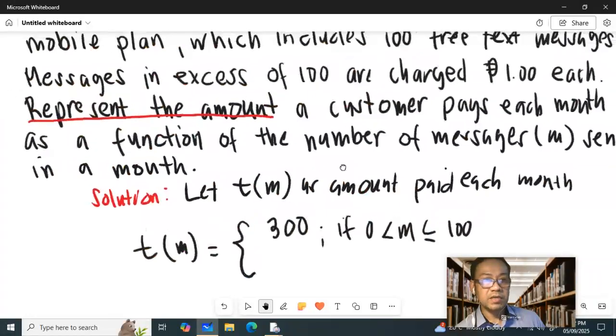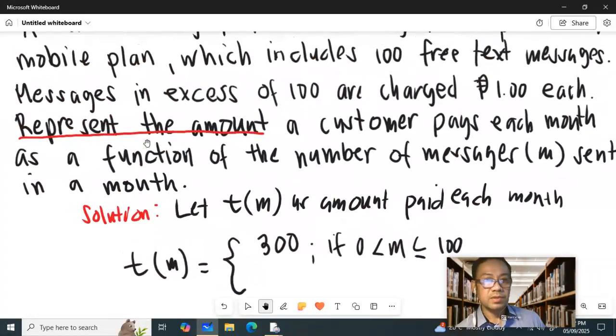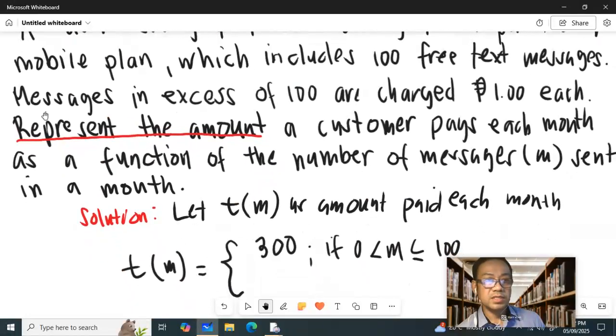The second one, now you can read here in the second sentence, messages in excess of 100 are charged 1 peso each. Okay?